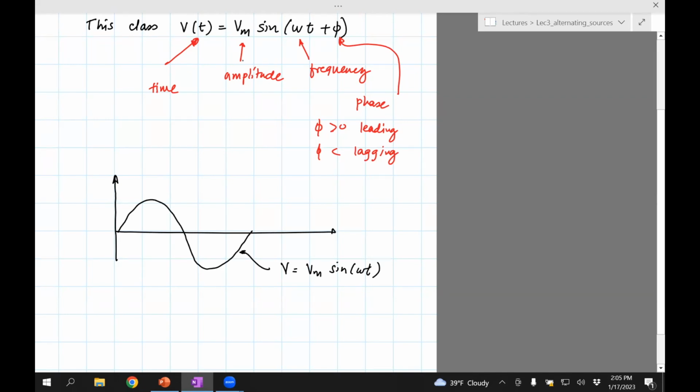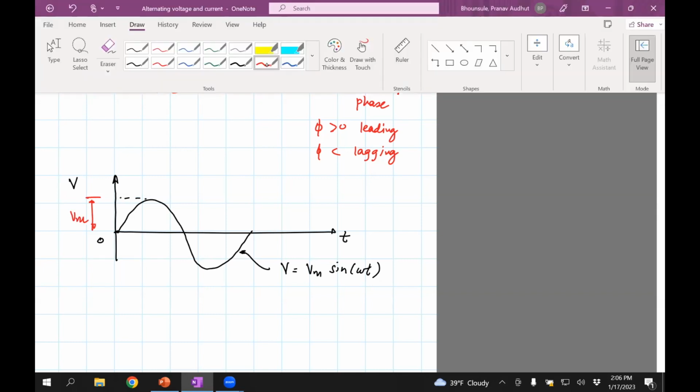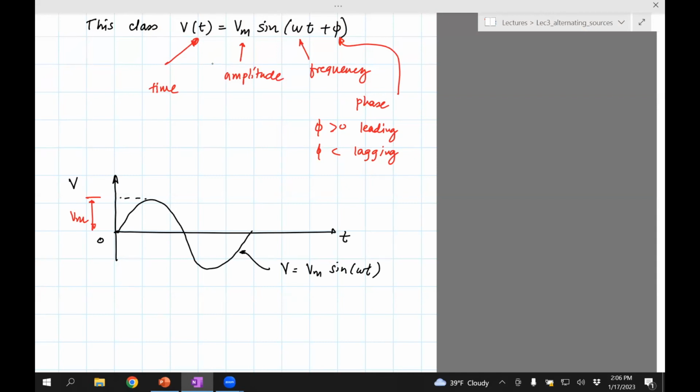The reason why this is Vm sin(ωt) is because if you put time t equal to 0, you see that V is also equal to 0. The magnitude or the amplitude is this Vm. And if you want to now look at a signal, which is the one I wrote down earlier, let's draw it in this fashion.